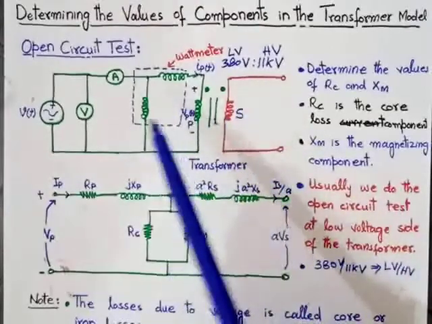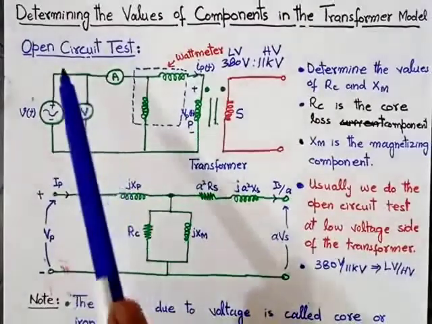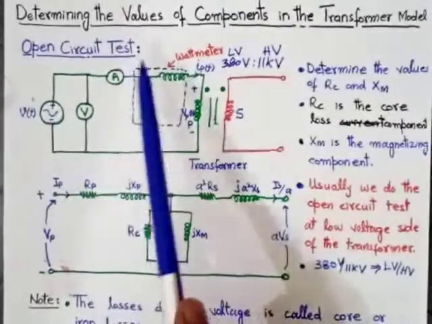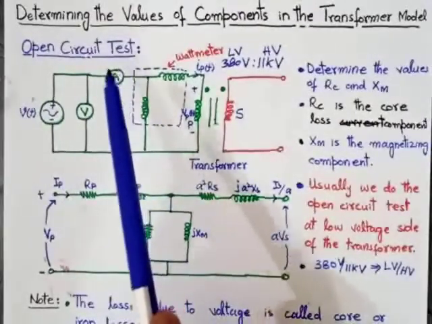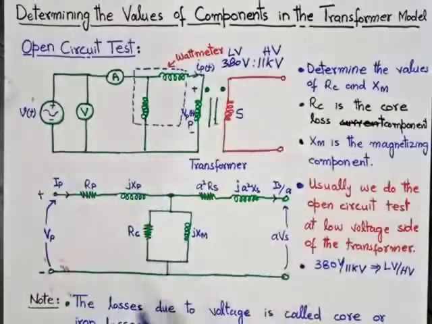So these losses are called the core or iron losses of the transformer. It means when we perform the open circuit test of the transformer, we will find the core or iron losses of the transformer.